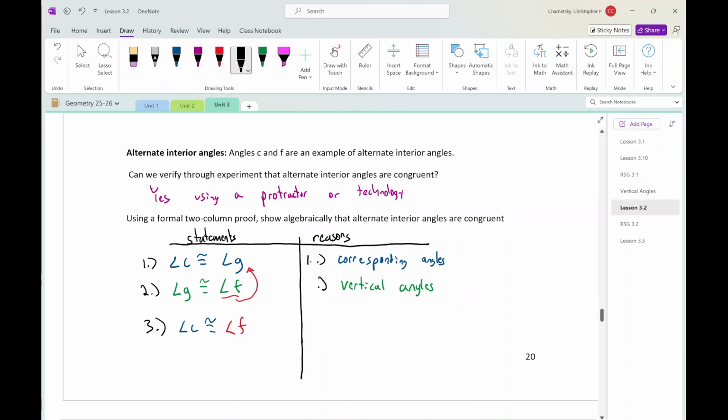Our reasons should match our statements. There we go. So that is a substitution. And this last statement is exactly what we were trying to prove. We were trying to prove that C and F were congruent, and we did that. So algebraically, we showed that alternate interior angles are congruent.